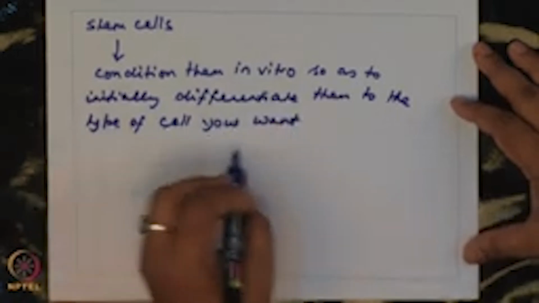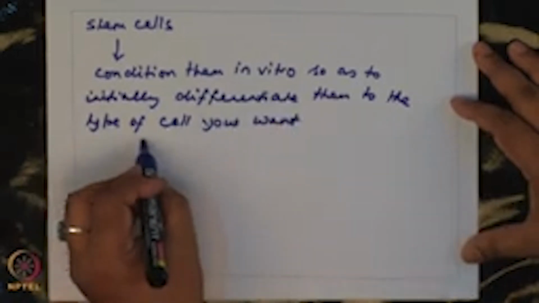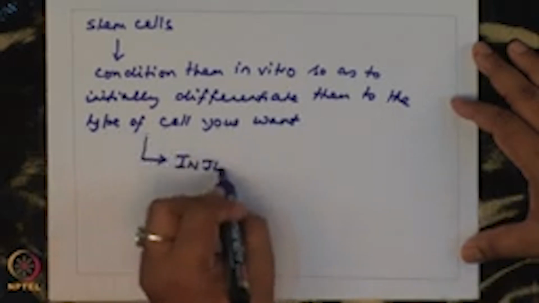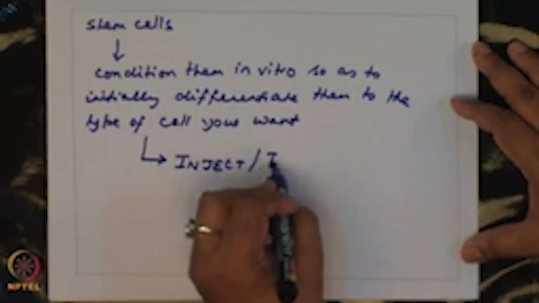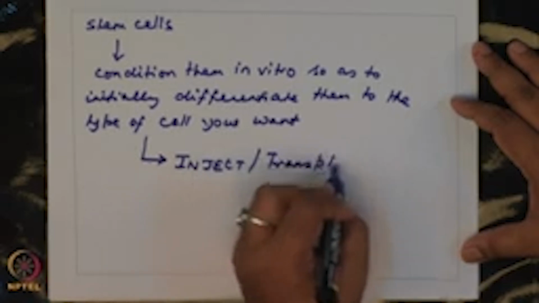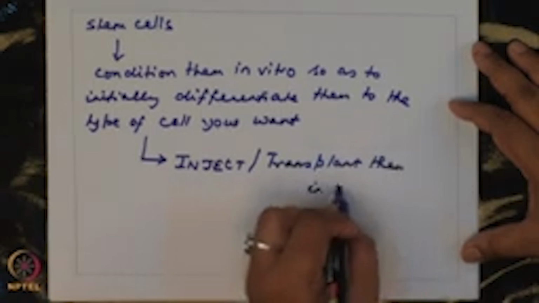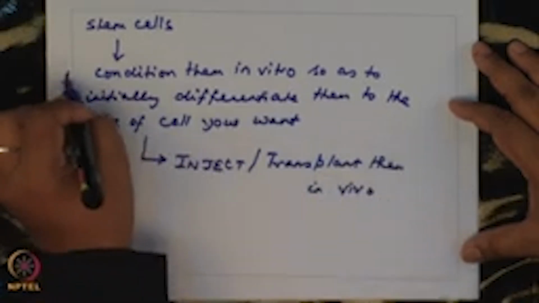Then, once you have observed this kind of differentiation in vitro, you can inject or transplant them. So, this might be one strategy.